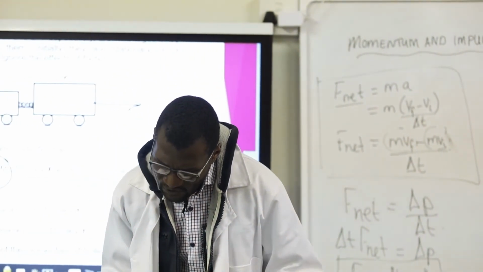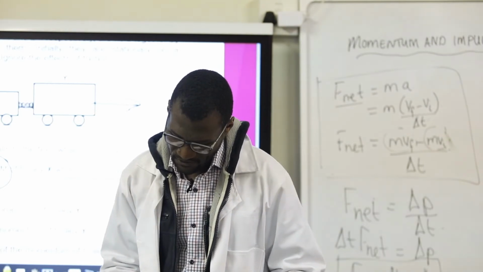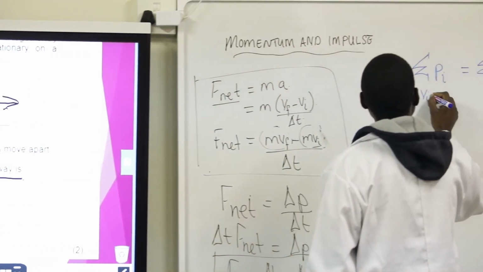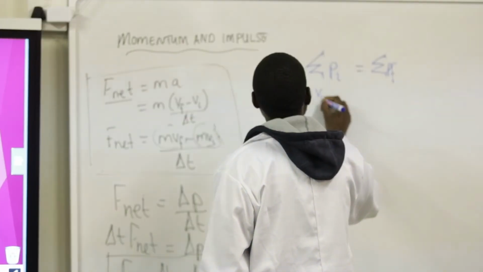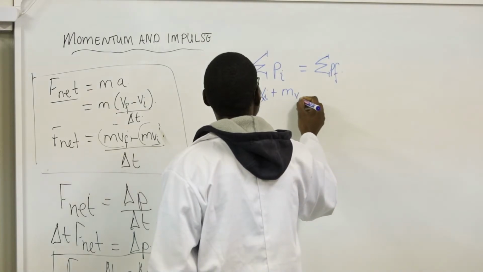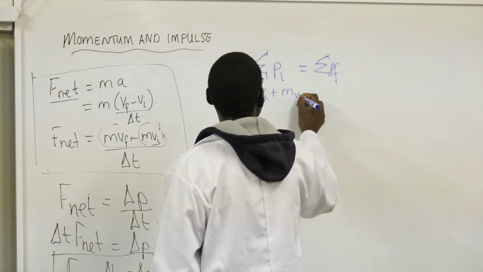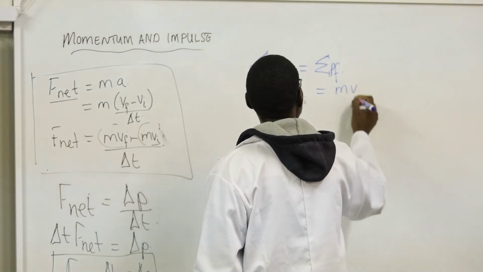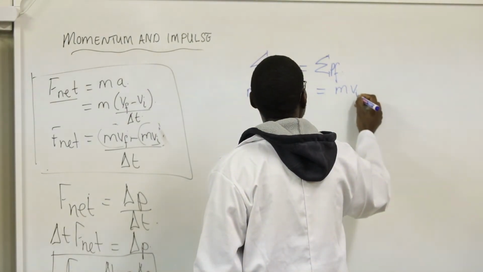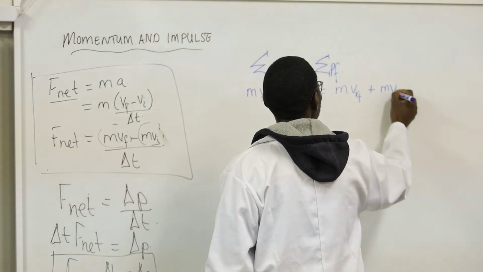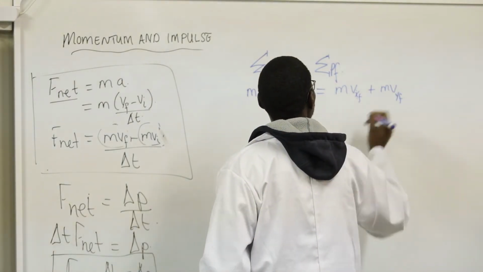Now if they are going to be the same, these values of momentum, it means that the mass times velocity initial of object X plus the mass times velocity initial of object Y is going to be equal to mass times velocity final of object X plus mass times velocity final of object Y.